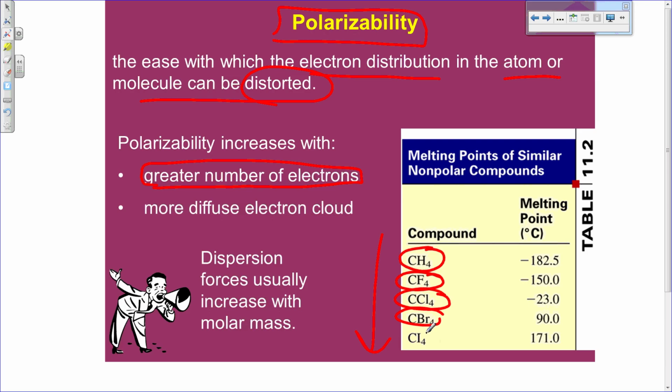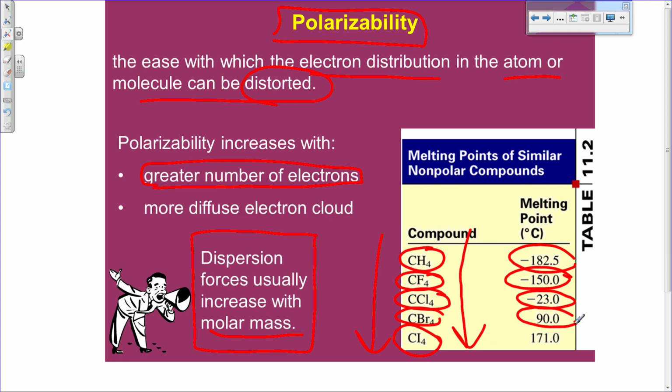How do we tell? An easy way to tell is, as molar mass increases, so does the number of electrons. So we can infer that the reason London forces increase is not because of the molar mass, but because of the greater number of electrons, but we can use molar mass to infer the greater number of electrons. So as you go down this way, the number of electrons increase. What do you notice happens to the melting point? It gets higher and higher and higher.